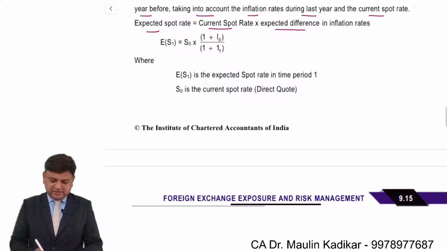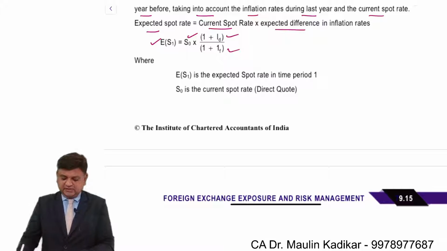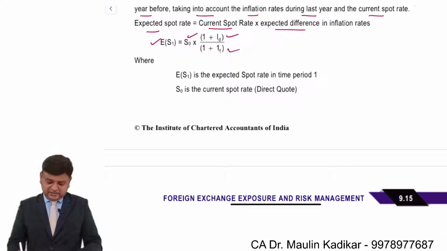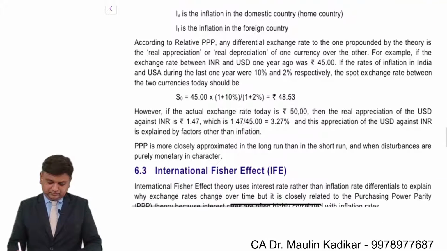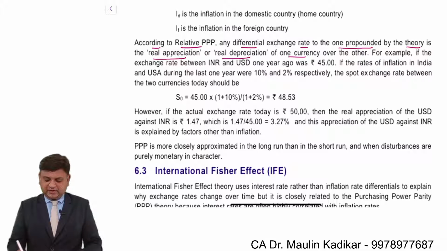So we understand that expected spot rate is equal to spot rate times 1 plus inflation for the left hand side currency divided by 1 plus inflation for the right hand side currency. According to relative PPP, any differential from the exchange rate propounded by the theory is real appreciation or real depreciation of one currency over the other.